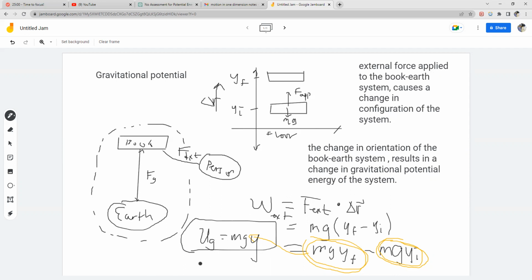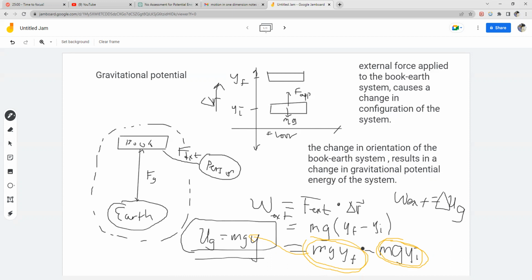So that's it. This is the formula for gravitational potential energy. And you can say then that the external work, in this case, causes a change in gravitational potential energy.